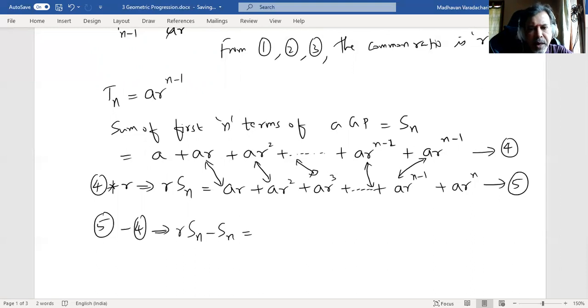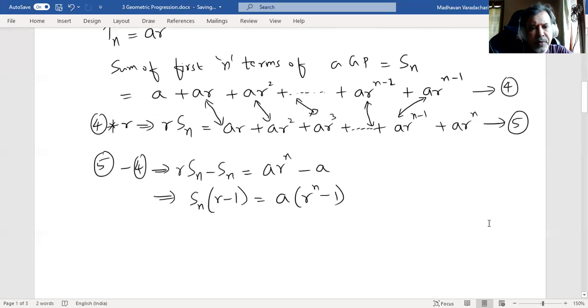So what is left is only AR power n in equation 5, and in equation 4, A will be left. So I can take common Sn here. Sn into R minus 1 is A into R power n minus 1. So this will give us Sn as A into R to the power of n minus 1 by R minus 1.